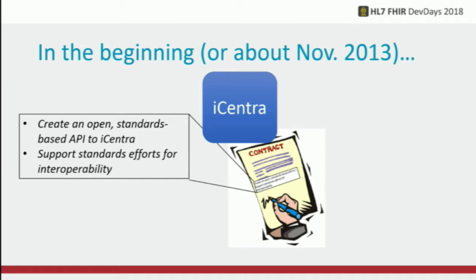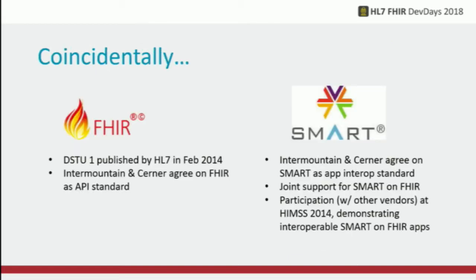We both agreed in the contract that we would create an open standards-based API to iCentra and that we would support standards activities for interoperability. It was a 4-year mission to do that, and there was some money allocated to do that.